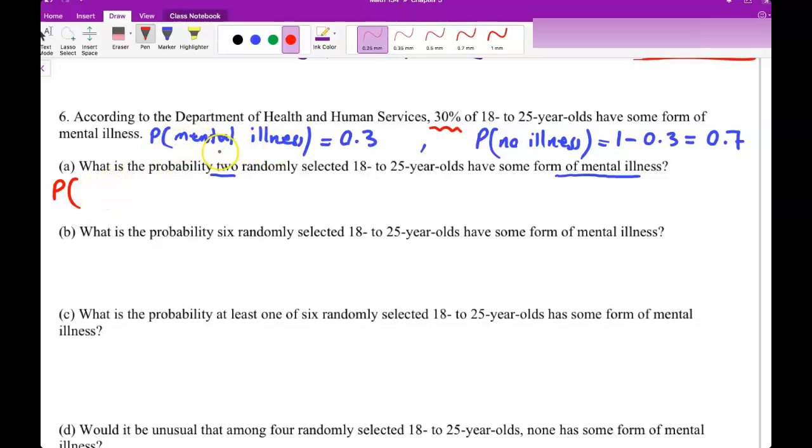And instead of writing mental illness, I'm writing mental. Mental and mental. That is equal to, we have 30%. So you should multiply 30% by 30%. That is 30% to the second power. So it's 0.09.